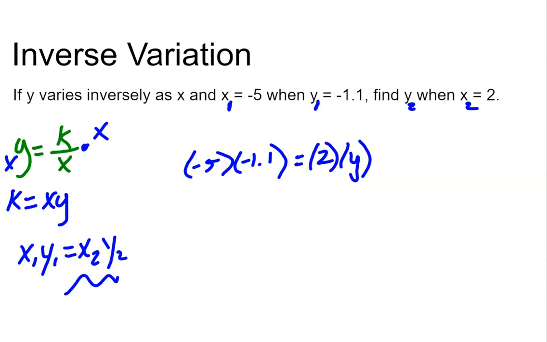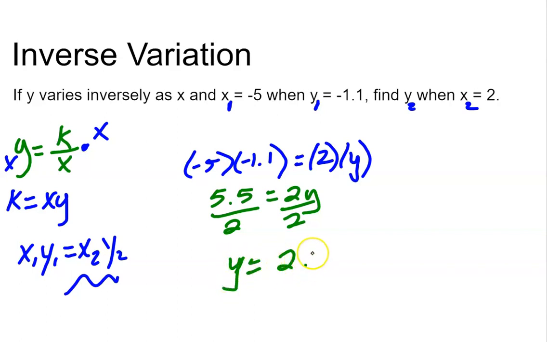Negative 5 times negative 1.1 is a positive 5.5 equaling 2y. Now to get y by itself, I'm going to divide everything by 2. And 5.5 divided by 2 is going to give us a y value of 2.75.